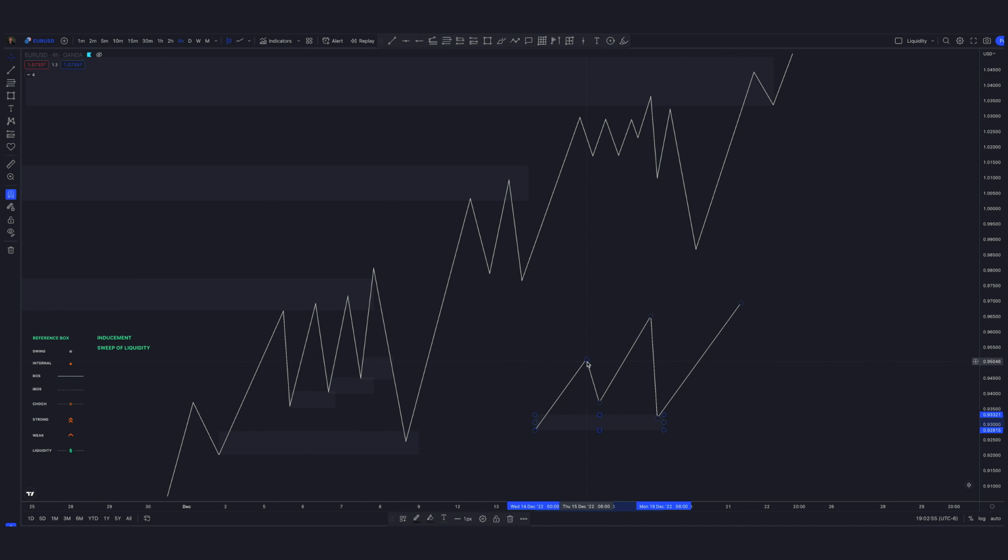Instead of price coming down here to mitigate this area, it would create inducement to this area below. So when price breaks again, people that don't look at inducement would be taking longs from here because it's a higher high, right? They would take longs from here instead of looking at the inducement of this area below. Okay, so this is one of the examples we can look at.